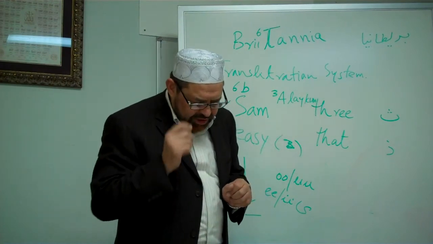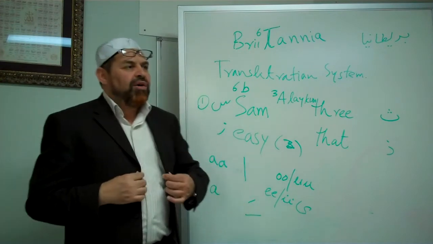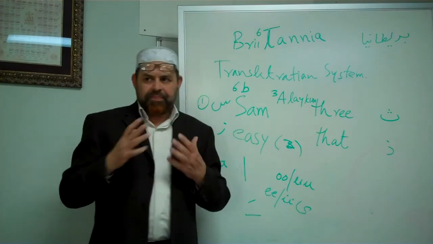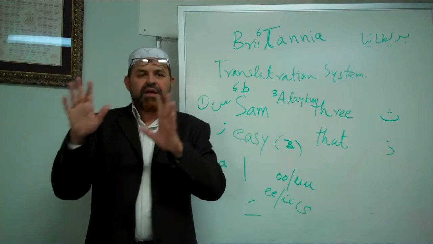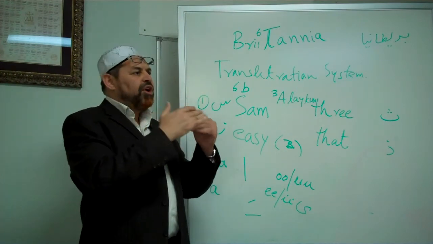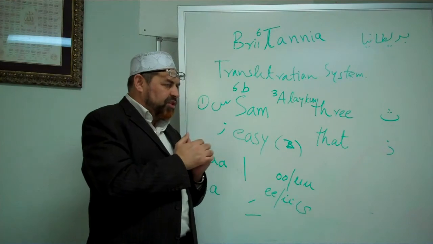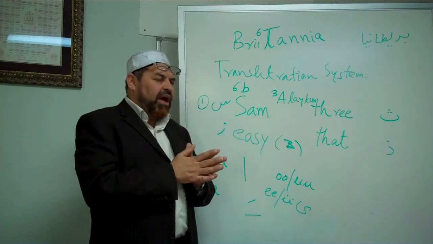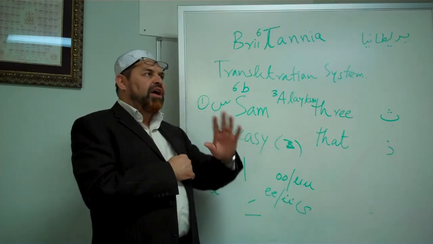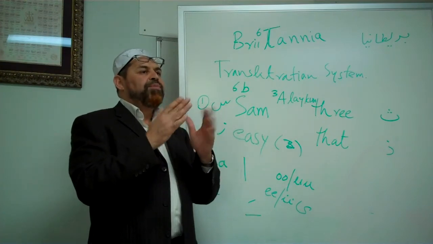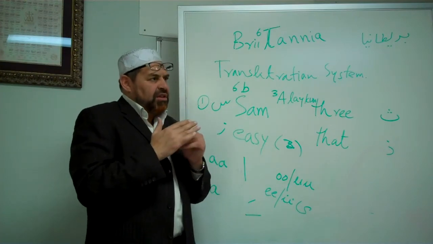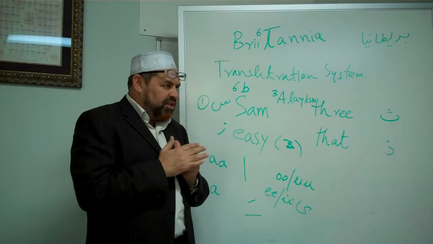When you go to the letter Jim, now pay attention to this letter. In formal Arabic, classical Arabic, and still in most Arab countries, Bedouin and all the Gulf, all the Levantine, like Eastern Arab, they pronounce Jim as the letter J in English, as in Jack.